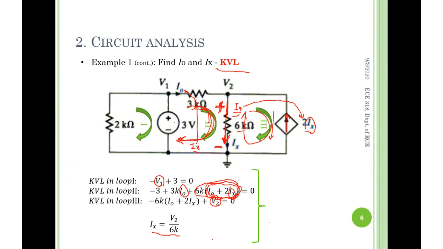So 4 unknowns, 4 equations. You're able to find the same answer as the previous example. Obviously, as you know, KVL and KCL are alternatives, right? One way or the other. According to which is easier, you can decide which to use.